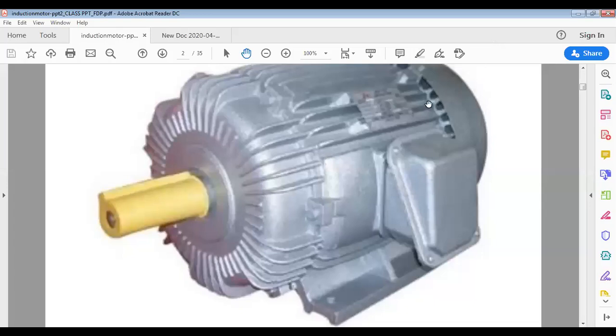Now it's a three-phase induction motor, so is the electrical input alternating or direct, AC or DC? AC input, very good. Now is it three-phase or single-phase?